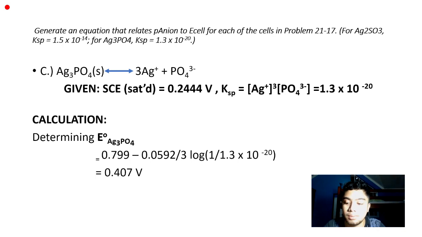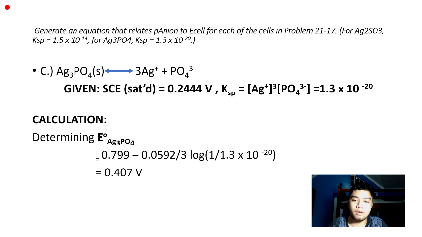So that's why it becomes 0.0592 all over 3. And then we multiply it by the logarithm of 1 over KSP, where the KSP equals 1.3 times 10 to the negative 20. After simplifying and using algebraic methods, we get a value of 0.407 volts.